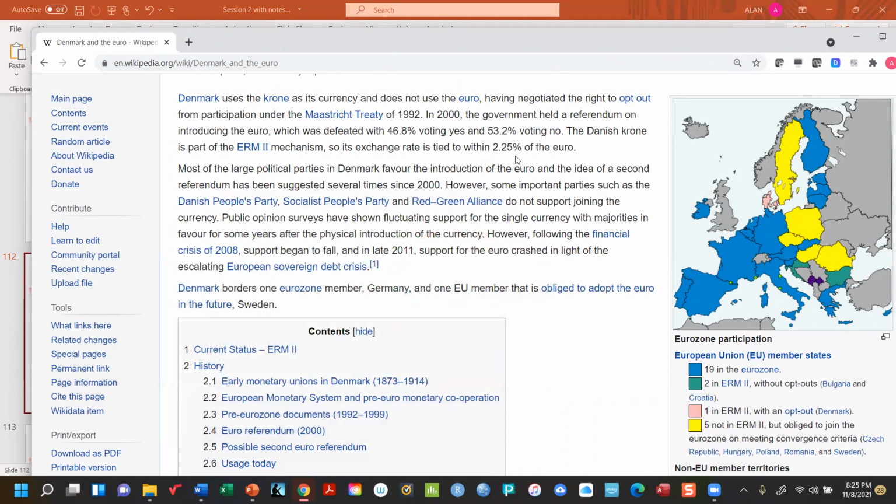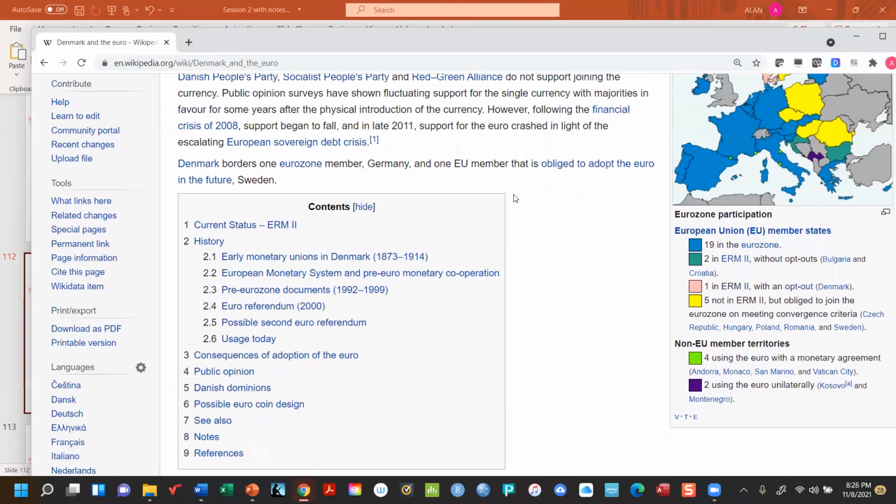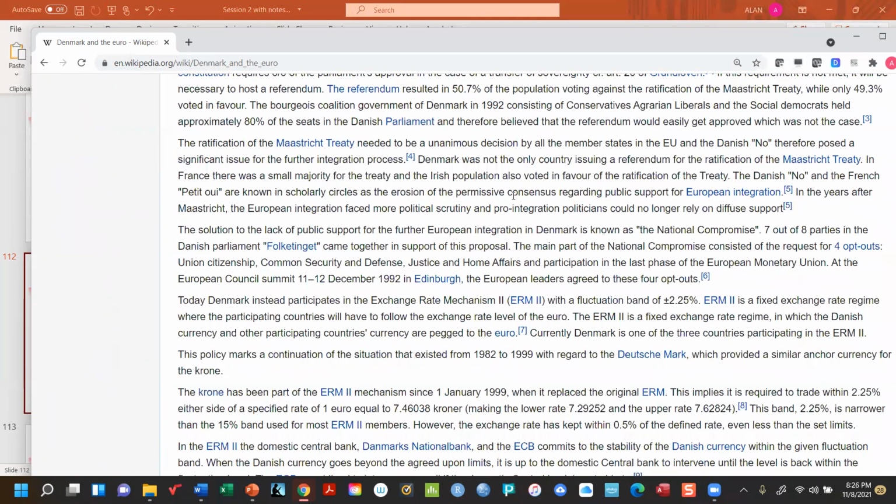In other words, the Central Bank of Denmark is obligated or committed to maintaining an exchange rate with the euro that does not deviate by more than 2.25% away from the euro. So what that implies is that the correlation between the euro and the Danish krone is going to be very, very high.